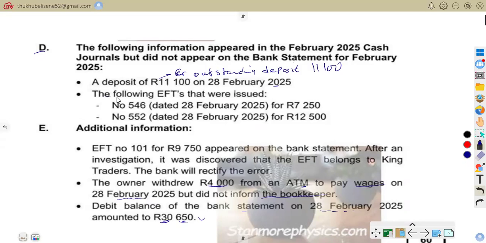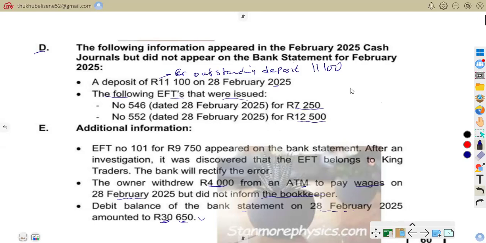As you can see, the following EFTs were issued, but they were not shown in the bank. That is document number 546 dated 28 February 2025 for 7,250. Also document number 552 dated 28 February 2025 for 12,500. Remember, when it comes to this side of payments, we are subtracting them.